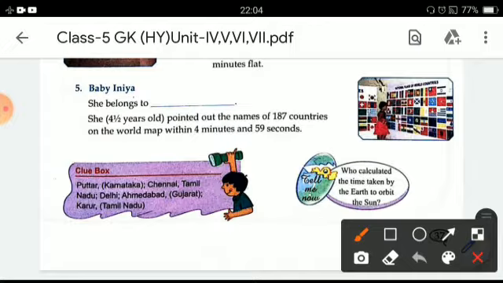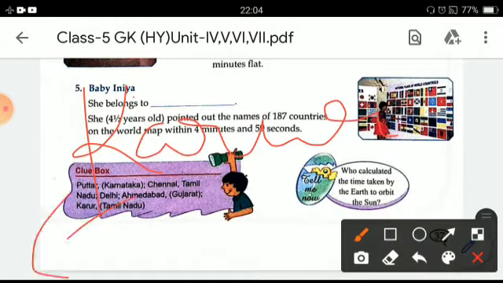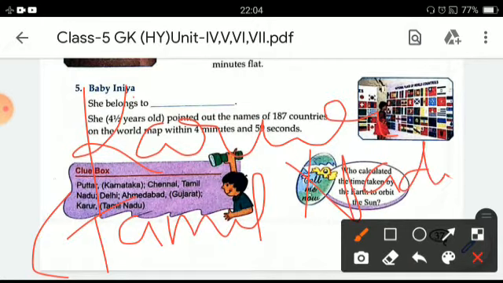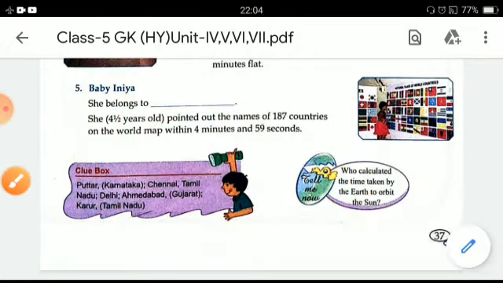She belongs to Karur from Tamil Nadu. Only a 4.5 years old girl who pointed out the names of 187 countries on the world map within 4 minutes and 59 seconds.